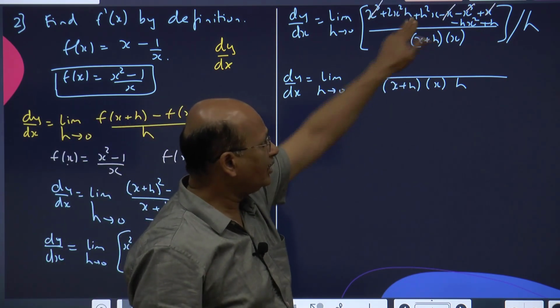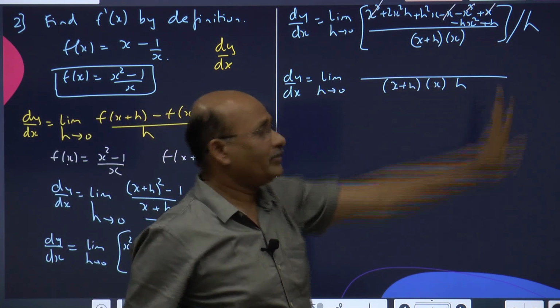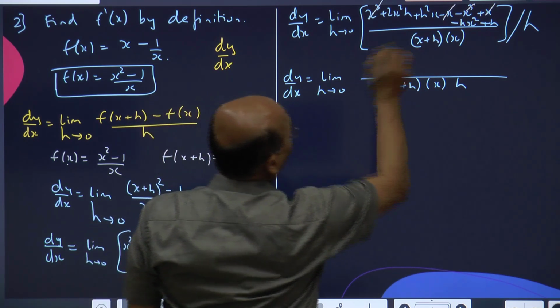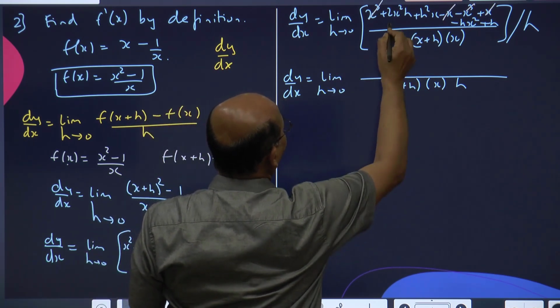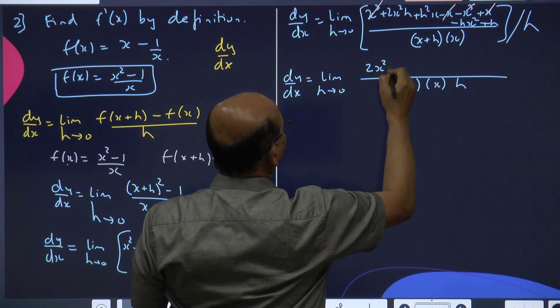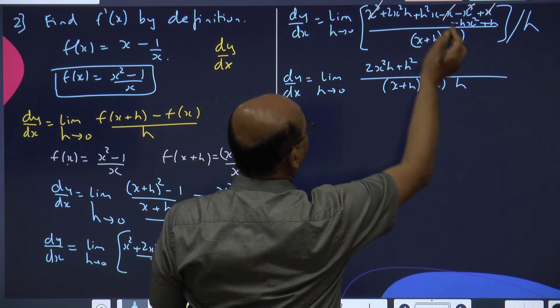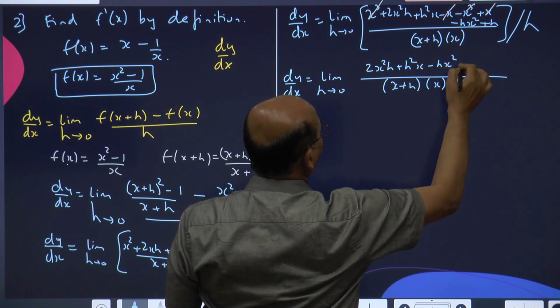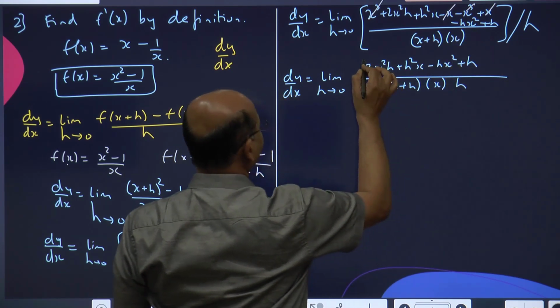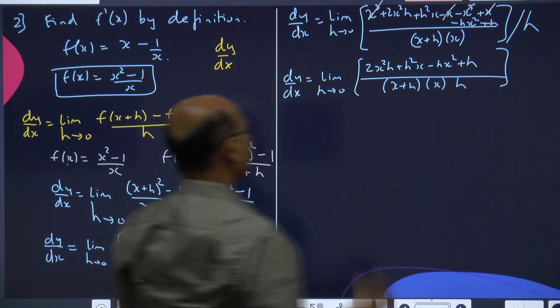See what is left out here: 2x square h plus h square x, then minus hx square plus h. That's it, and nothing is left out.